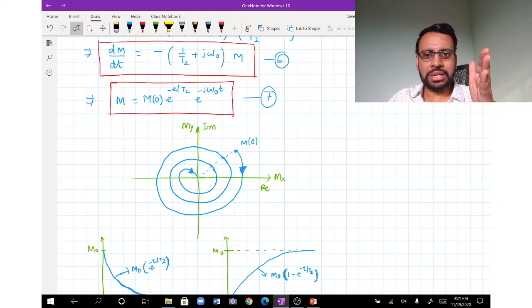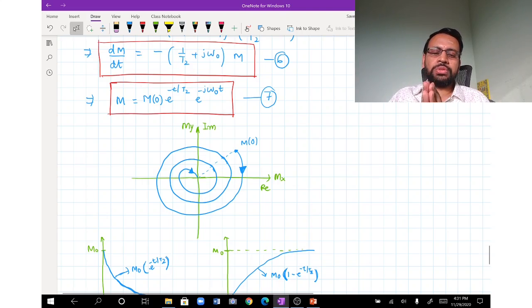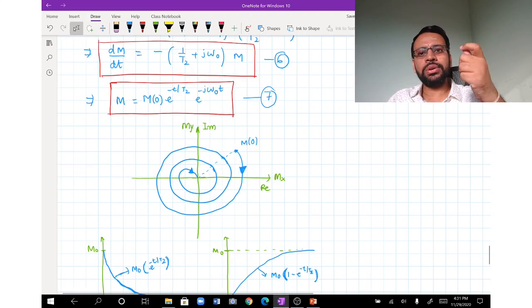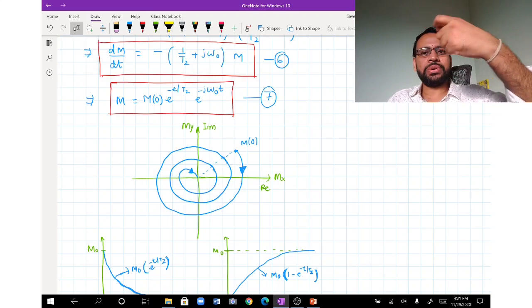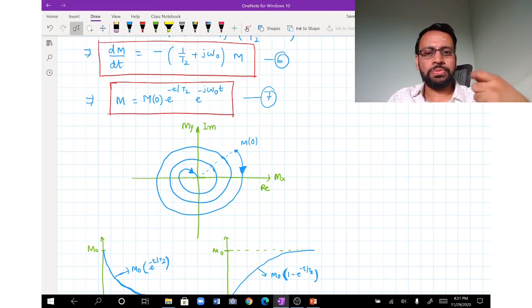Please refer, if it is not very clear to you, to the earlier video that we have discussed about complex numbers, on how you represent a function like this which is rotating. We studied, suppose your complex number value is rotating in the xy plane at omega naught radians per second, and if it is decaying, how to write the expression for it.